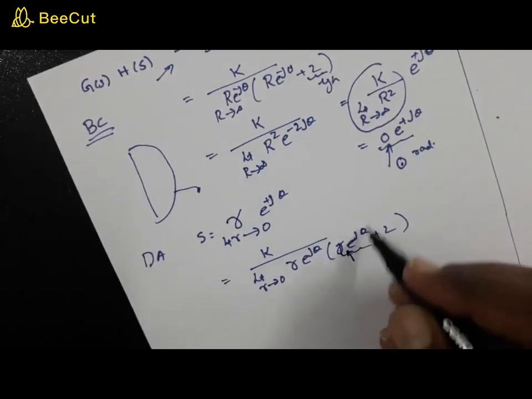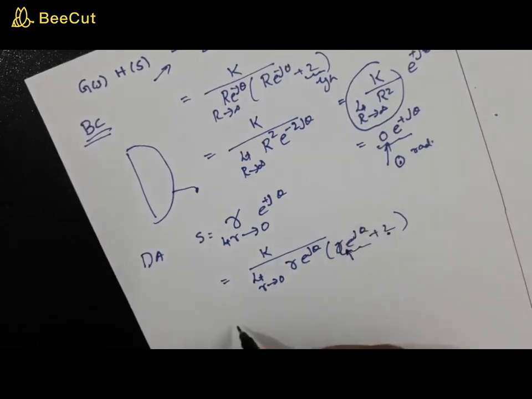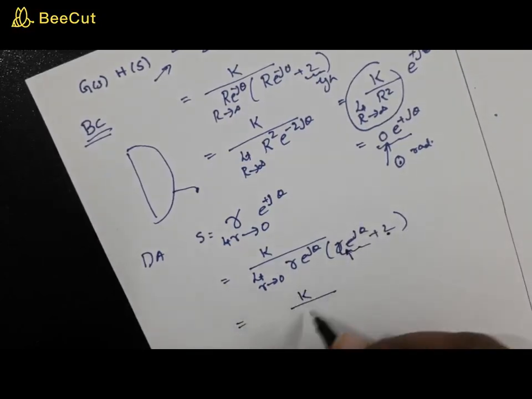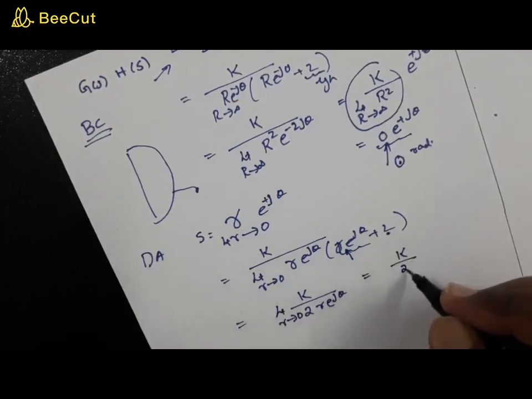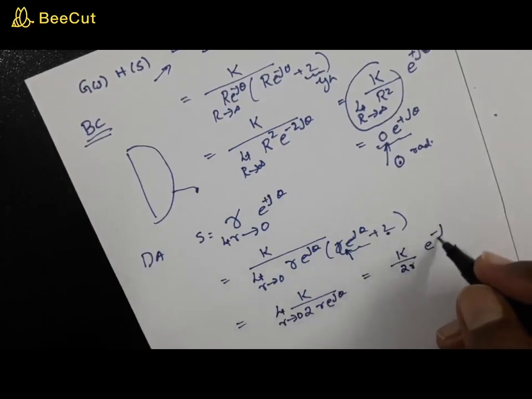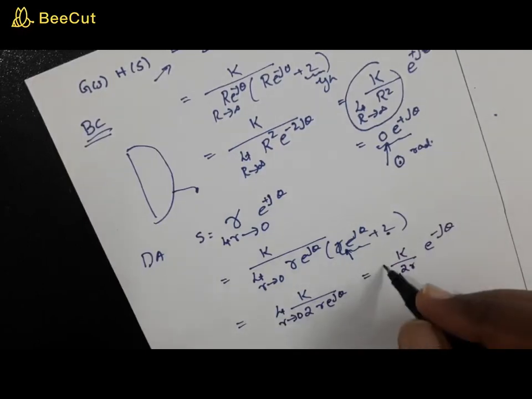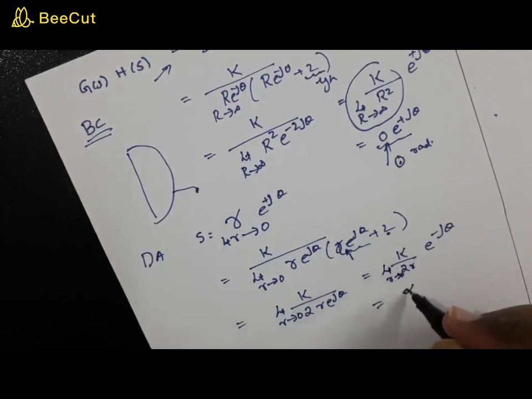You can neglect the value of this in comparison with this 2, so that this becomes k by 2r e raised to j theta, limit r tends to 0, or this will be k by 2r into e raised to minus j theta. Now when you apply the limit, you will get this as infinity e raised to minus j theta.